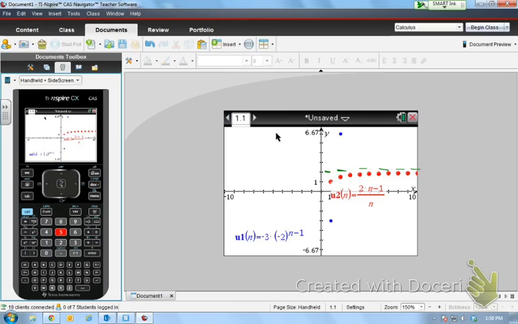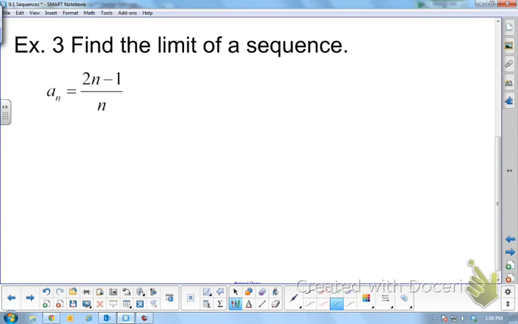So we can check that by actually taking the limit. Anytime we want to check convergence or divergence, we're really thinking about what's going on as we approach infinity. Again, we're doing n approaching infinity because we're working with n's, not with x's, of our function. 2n minus 1 over n.